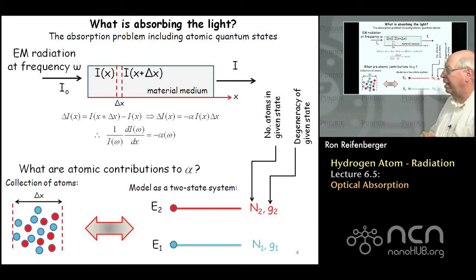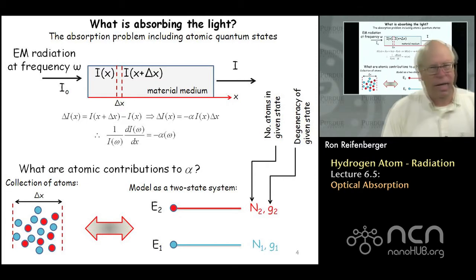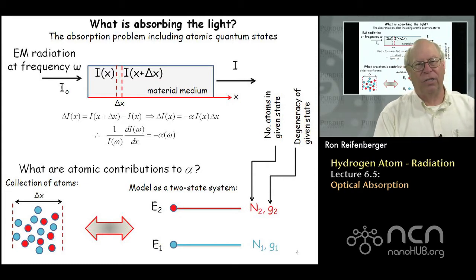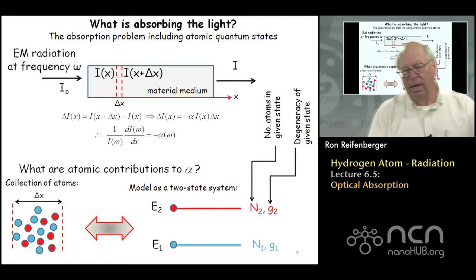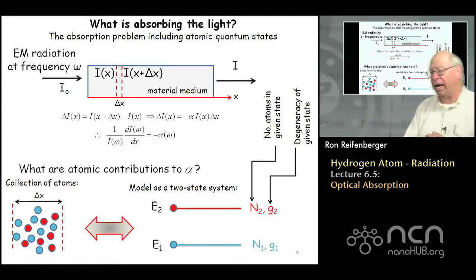And that's fundamentally the explanation for this absorption coefficient alpha. What we'd like to do is analyze that situation in a little bit more detail. To do that, we have to focus on the number of electrons that are in each energy level.